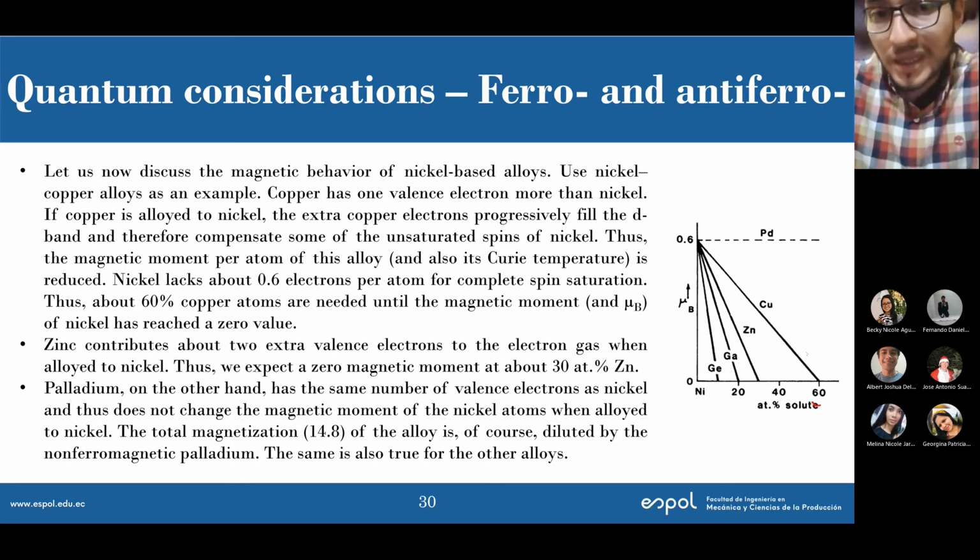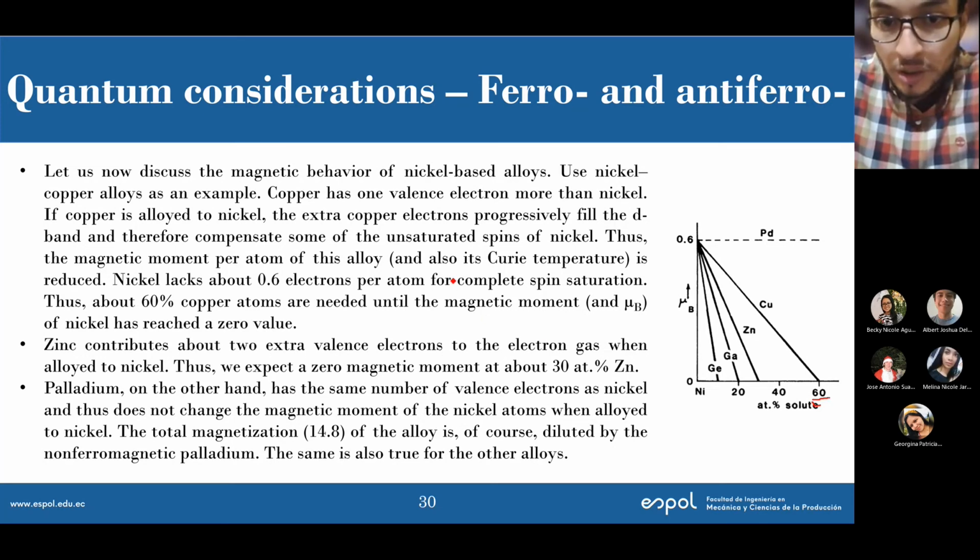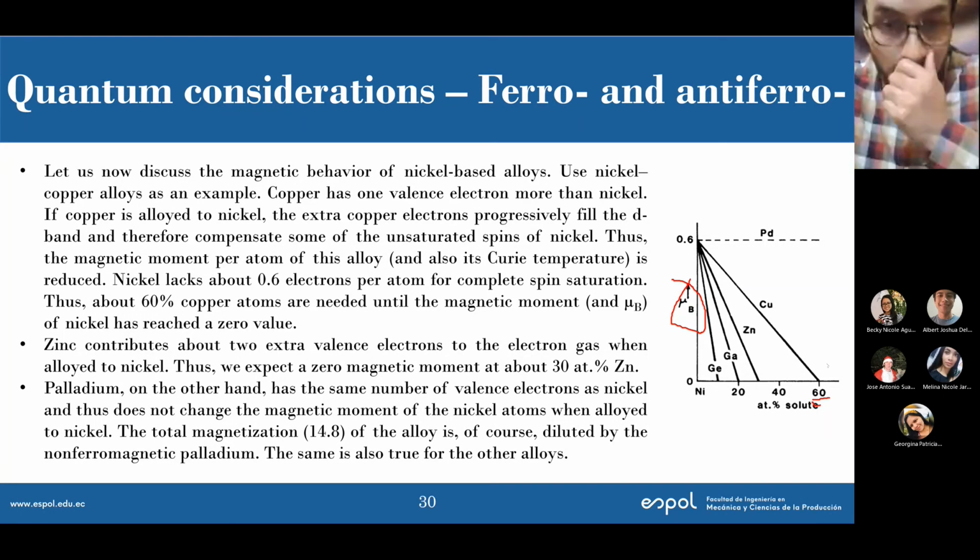But it makes sense that they are no longer ferromagnetic because you don't have any Bohr magnetons left. What other materials are ferromagnetic? Well, rare earth elements, because they have unfilled f shells, like nickel that has unfilled d shells, right?